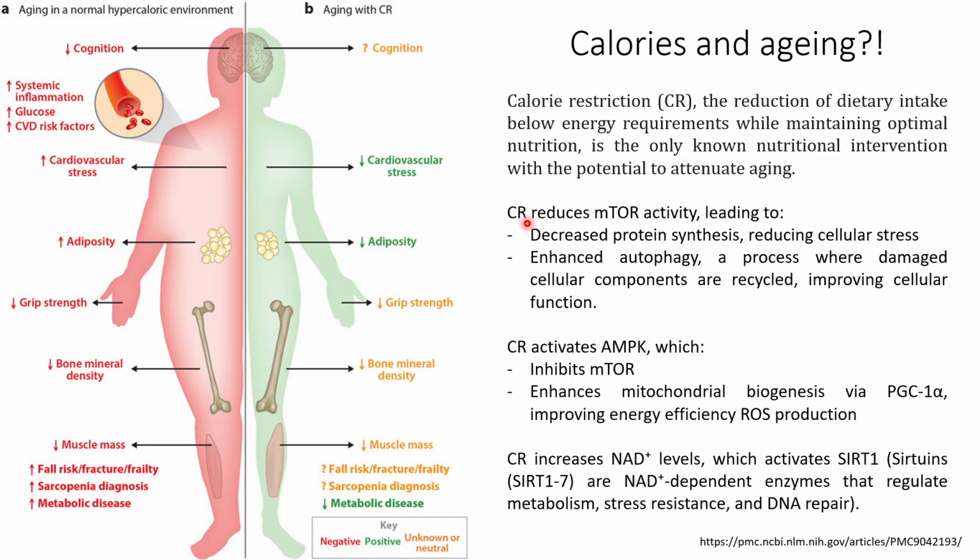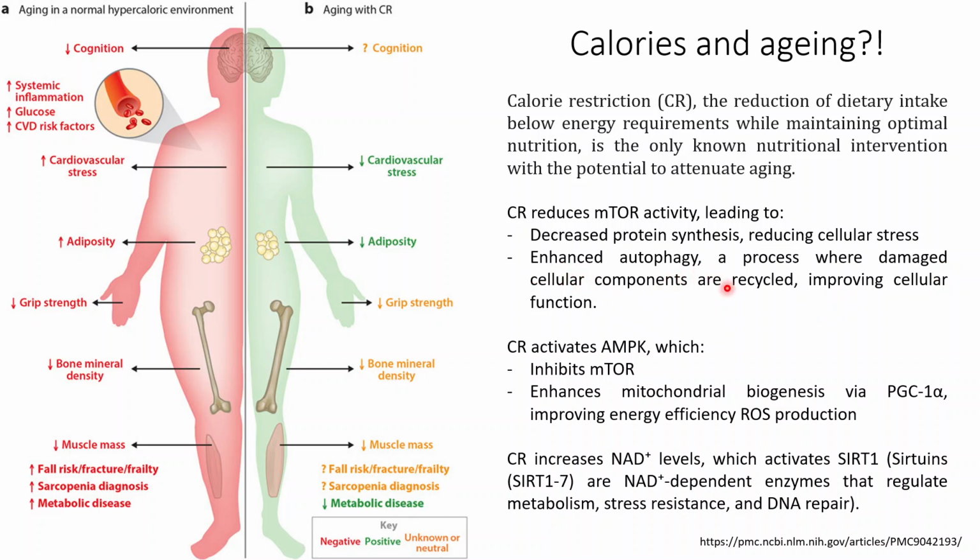So what people have seen till now, anyhow, is that calorie restriction can reduce mTOR activity. So just now I mentioned that mTOR is an anabolic pathway, and it has been seen that if you have high mTOR activity, that can lead to some aging-like characteristics. And so if this CR or calorie restriction were to reduce mTOR activity, you could have decreased protein synthesis, which reduces cell stress. And cell stress, we know, like ROS production and so on, can lead to senescence and aging-like phenotypes.